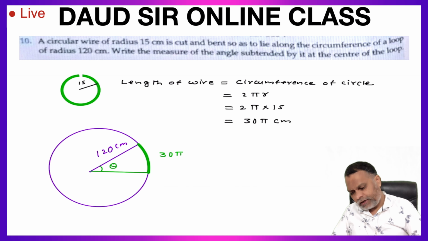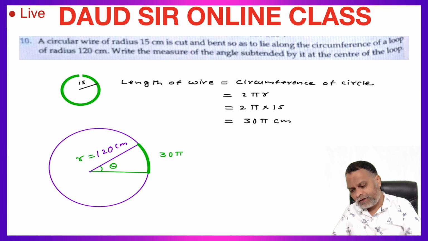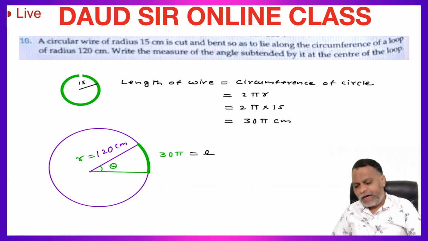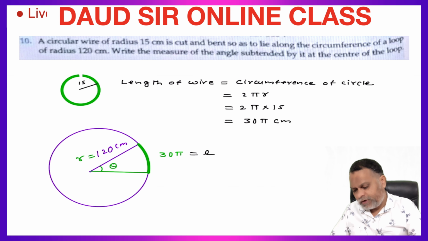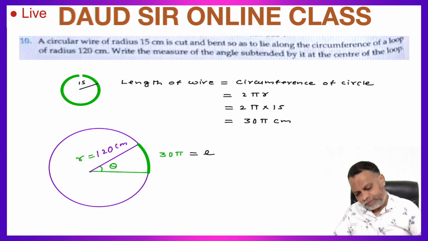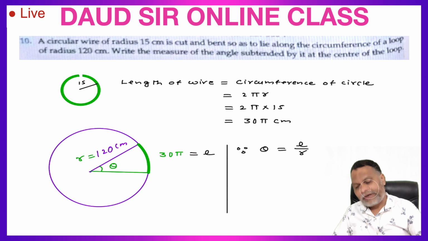This is the radius of the circle, r is equal to 120, radius of loop, and this 30 pi is the length of the arc, so this is L. So here we have L is equal to 30 pi and this radius, and we have to find this angle. For this we have the formula: theta is equal to L upon r, in radians. Now we can substitute the values.